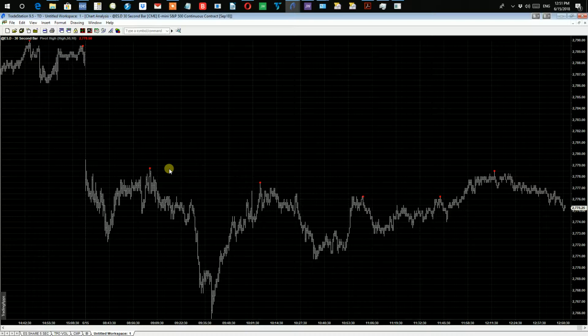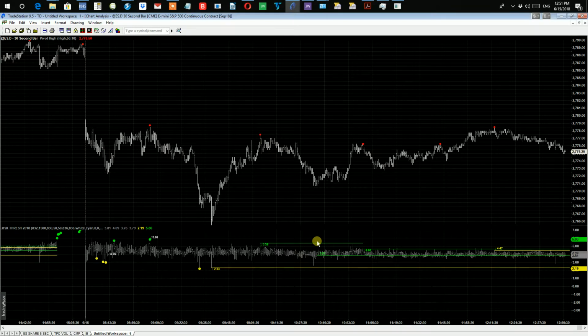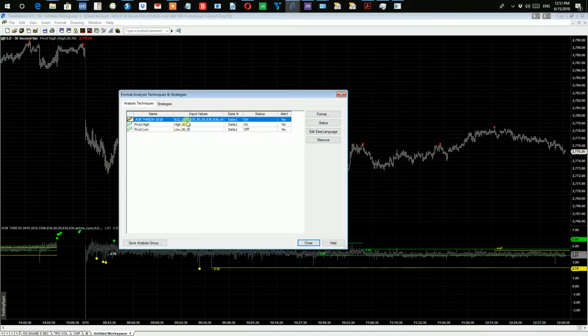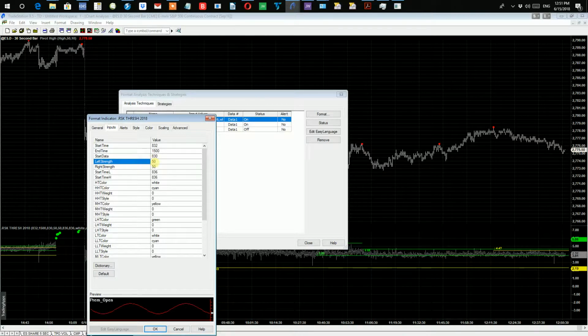So now let's place our indicator on the screen. And let's check our settings. So this is a 30-second chart. A left strength of 50 emulates a 5-minute bar chart with a left strength of 5.